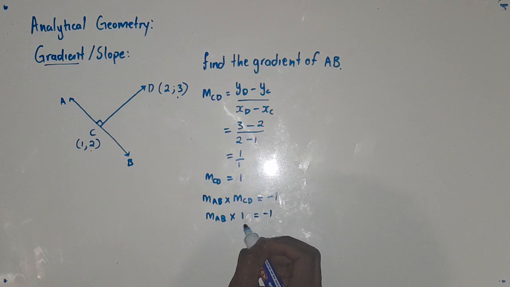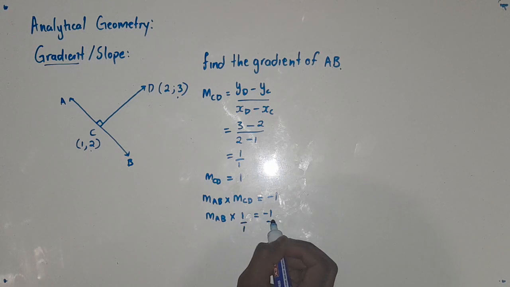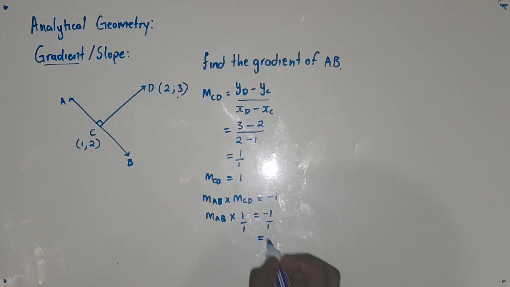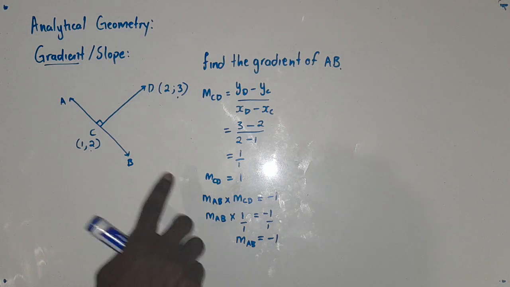If we divide by -1, we still get -1 this side. Then the gradient of AB is going to be -1.